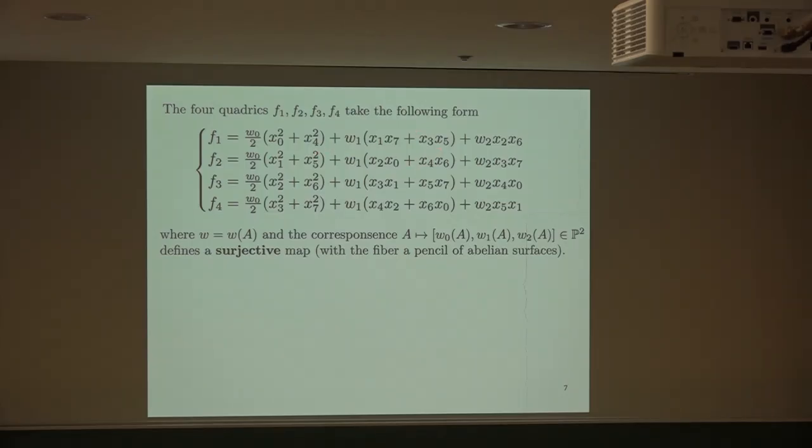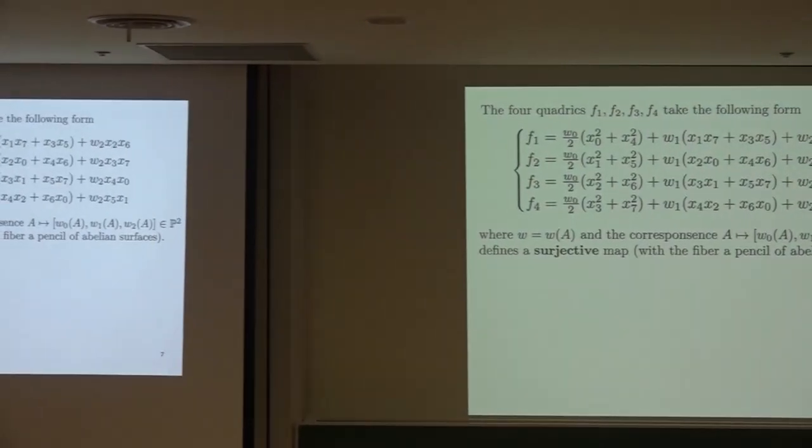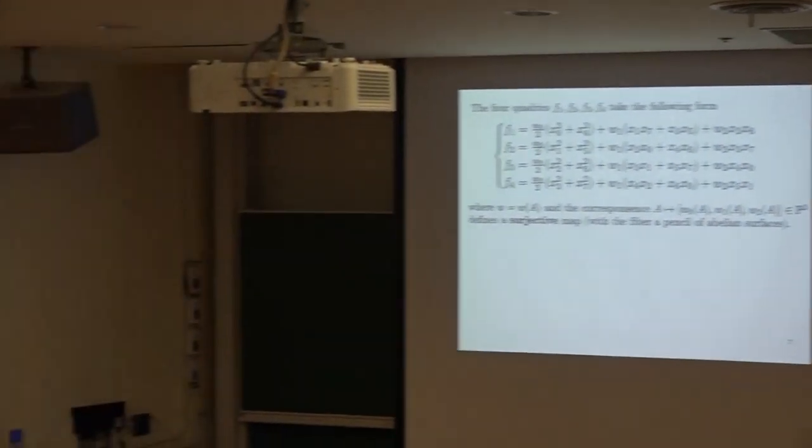So each f_i is not Heisenberg invariant, but in total, as an ideal, this defines a subset of the ideal, the vanishing ideal. So this is the explicit form of the equations. This follows from Gross and Popescu. I haven't derived it, I'm not proving this one, I'm just taking it.